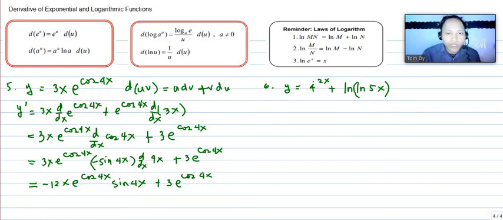So when we apply the derivative for this part, y prime is equivalent to: derivative of a to the u equals a to the u ln a du.